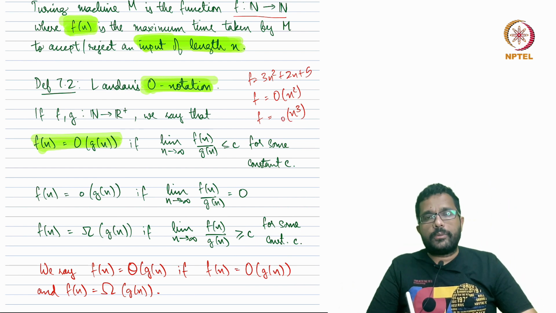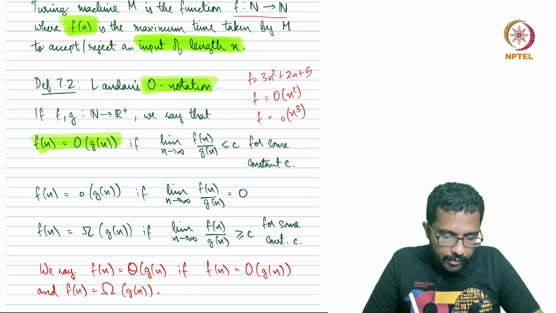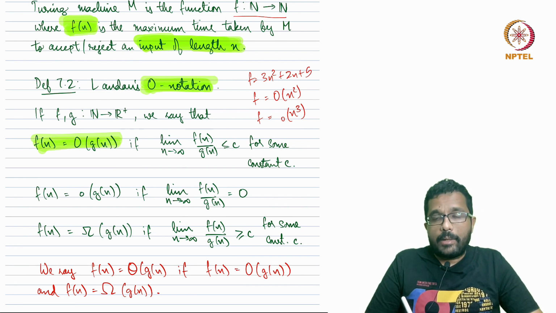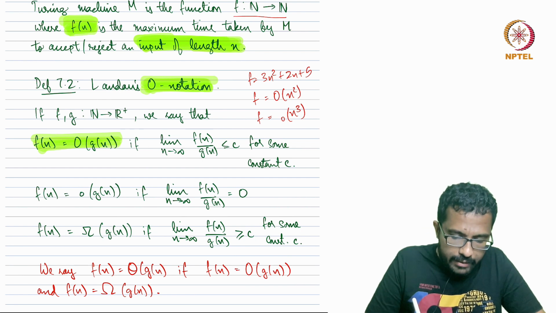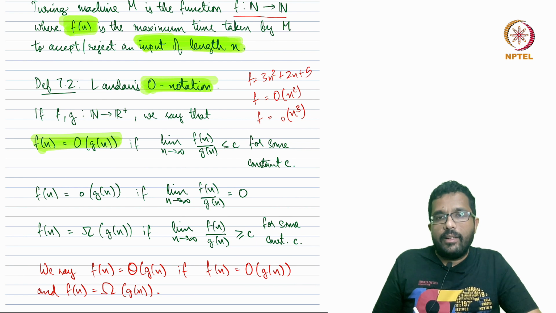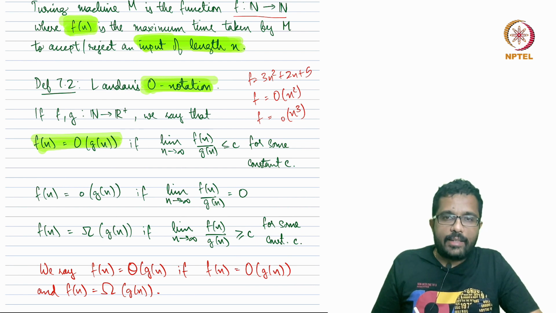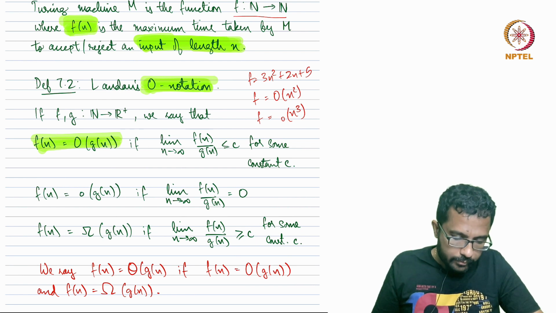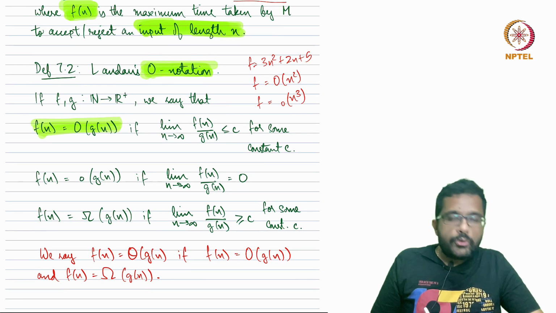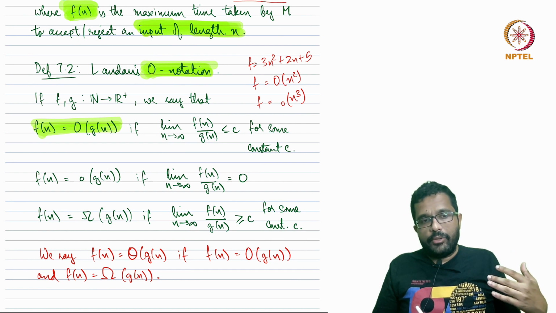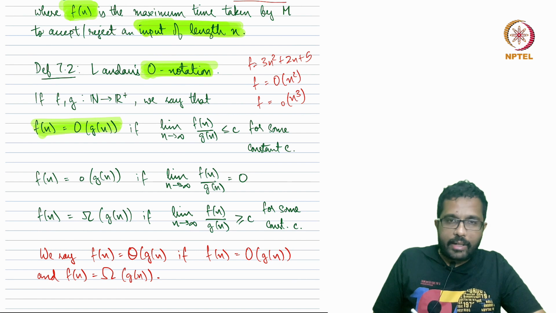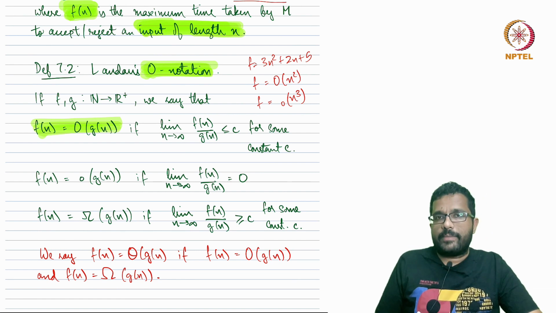So big O means f by g is upper bounded by a constant, and little o means the limit of f by g as n tends to infinity is 0. These two are usually used to upper bound, meaning we want to say f is at most something.